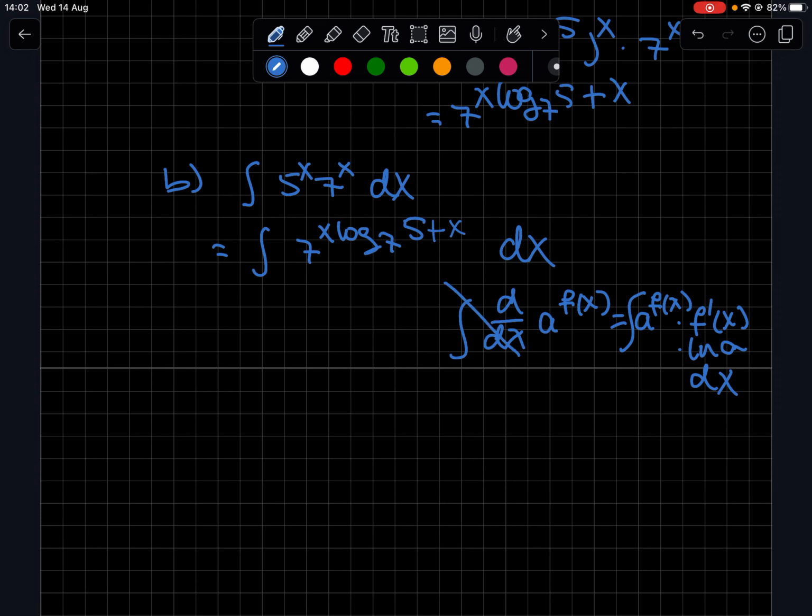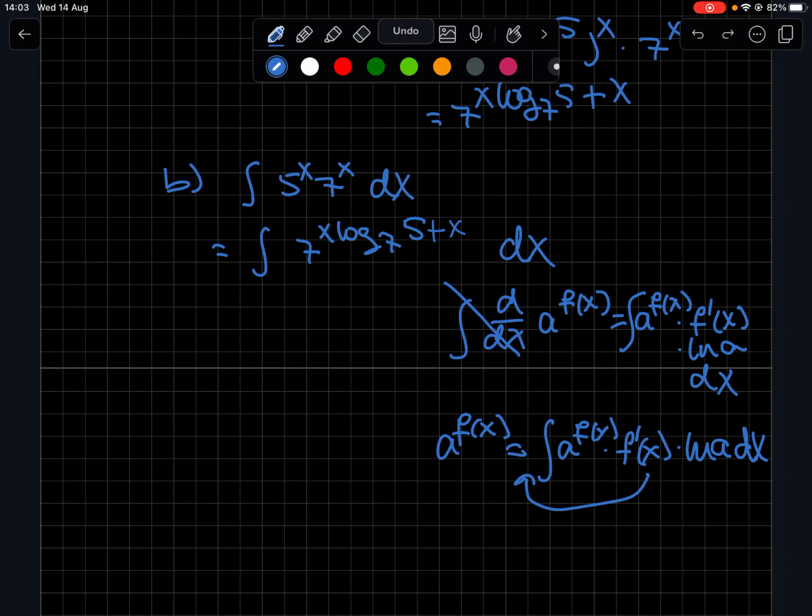The integral and the derivative cancel out, so we get a to the power of f of x equals the integral of a to the power of f of x times f dashed of x times the ln of a dx. Now, considering that f dashed of x is a constant, we can pull it outside of the integral. So remember, this rule is only going to work when the derivative is a constant, which means that this exponent has to be a linear function, which it is in our case, okay?